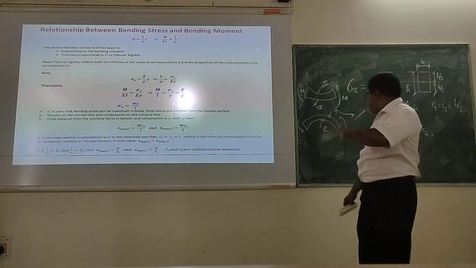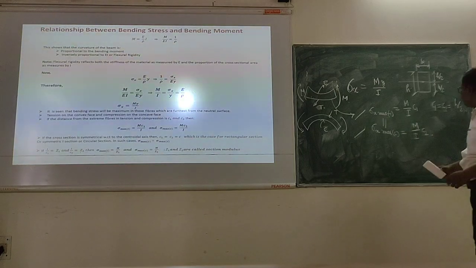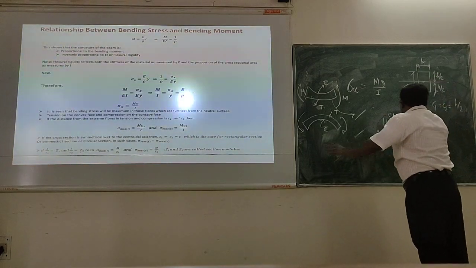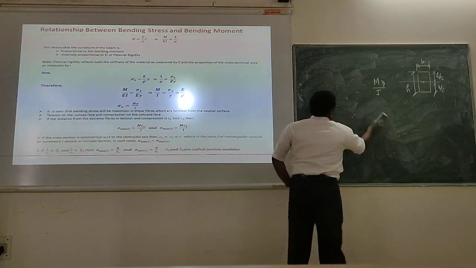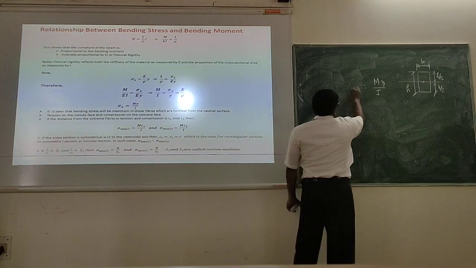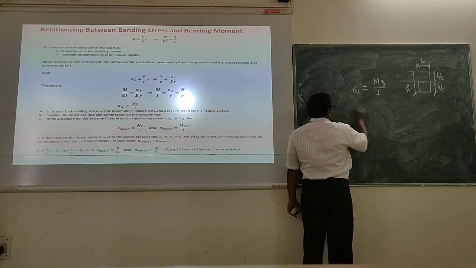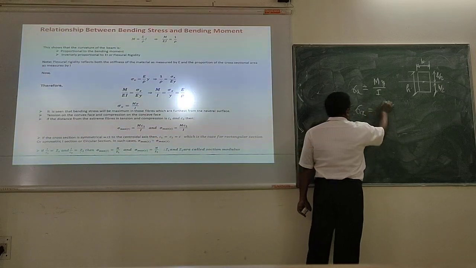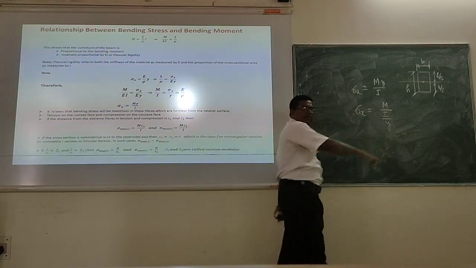Now from this, we get another beautiful numerical expression, and we'll term it as something. Let's say sigma x equals My by I. Now if I write sigma x equals M by I into y, can I write this?